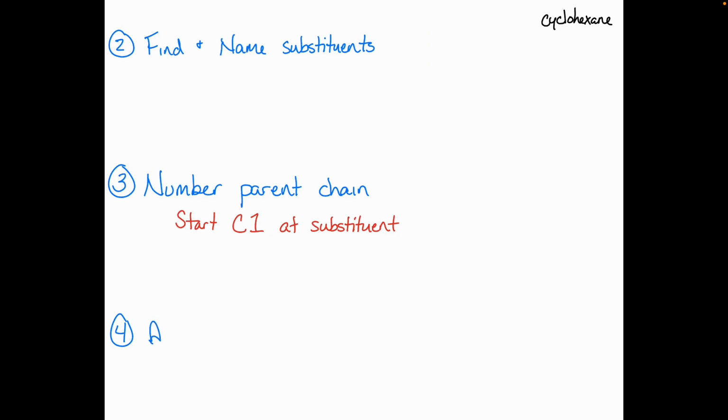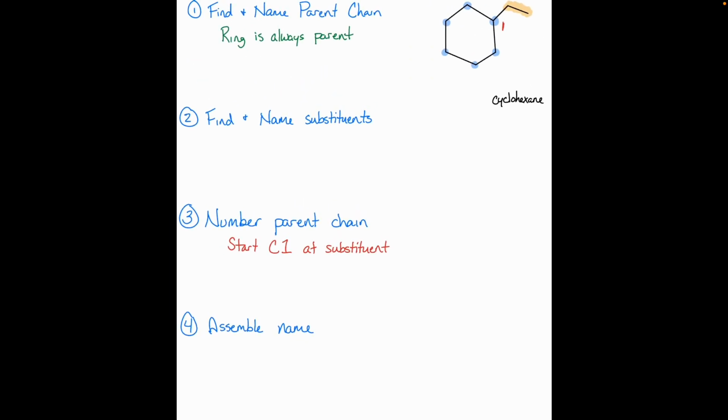All right, and the last step was to assemble our name, put everything together. But this is where we're going to see something a little bizarre. Let's put two examples side by side here. We said we're going to start numbering from here.